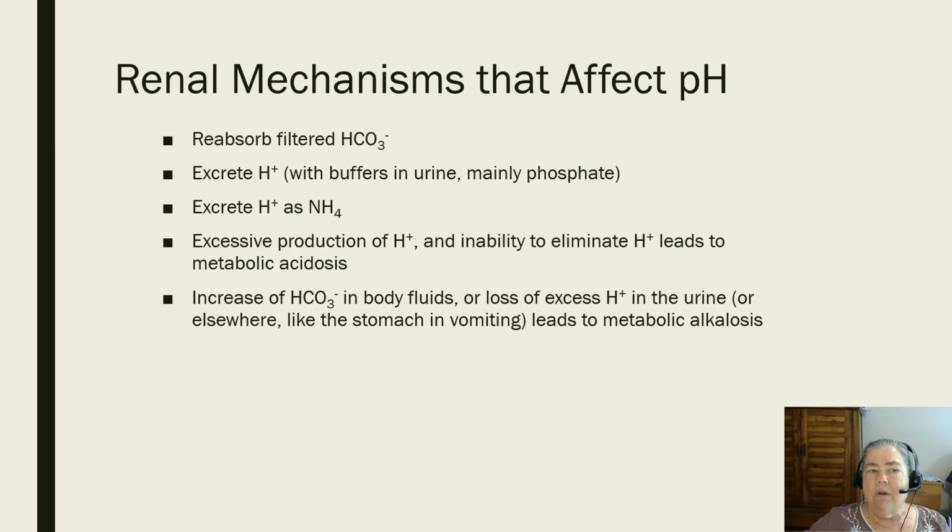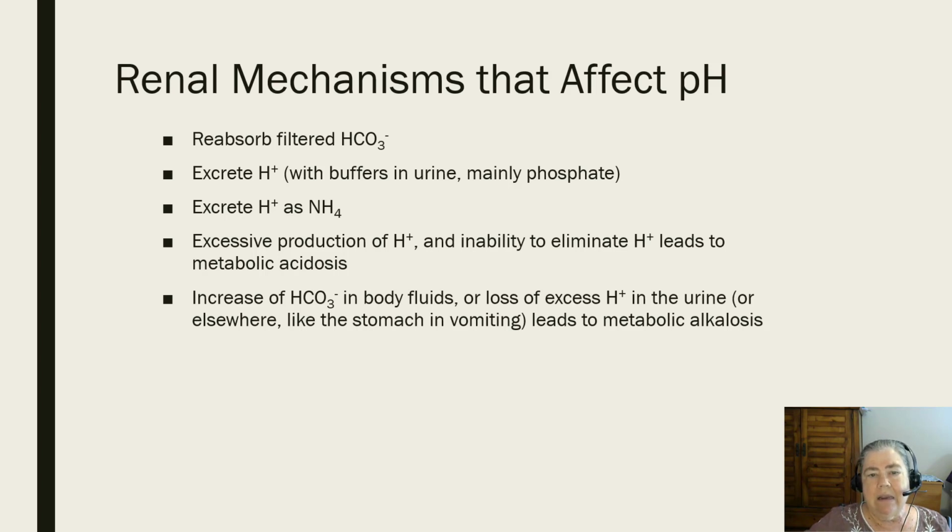The kidneys can also excrete hydrogen ions, fixed acid, as ammonium. And excessive production of hydrogen ions, or the inability to eliminate hydrogen ions through the kidneys leads to metabolic acidosis.